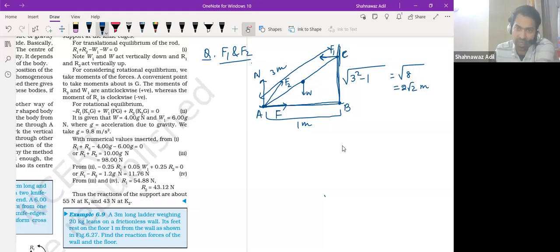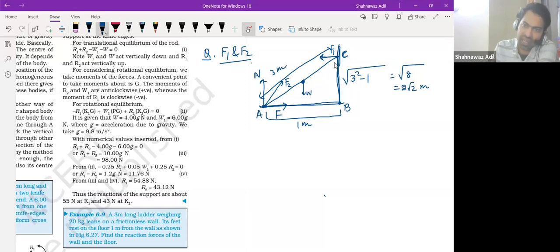So if we apply the translation equilibrium, right? So how many forces are in this direction? How many forces are in this direction? How many forces are in the upward direction? How many forces are in the downward direction? So there are two translation equilibriums, right? Left to right, yes, sir, up and down, right?